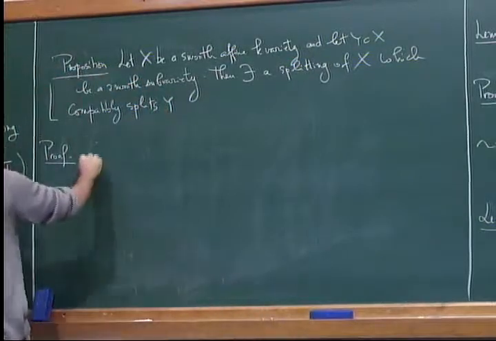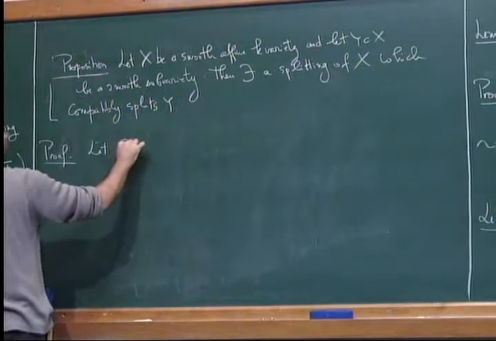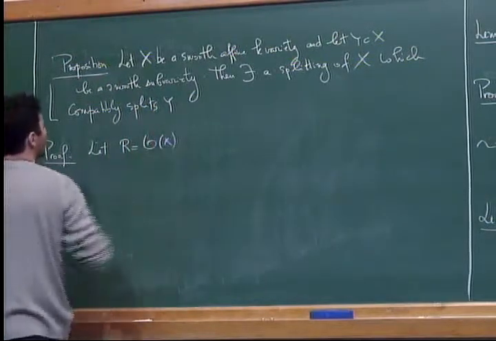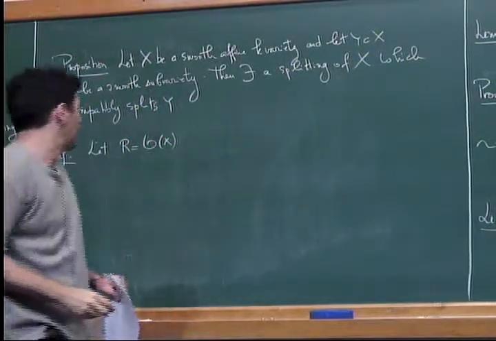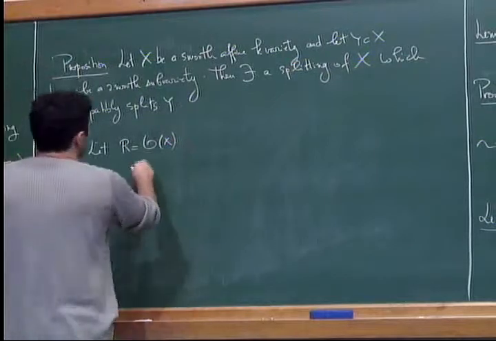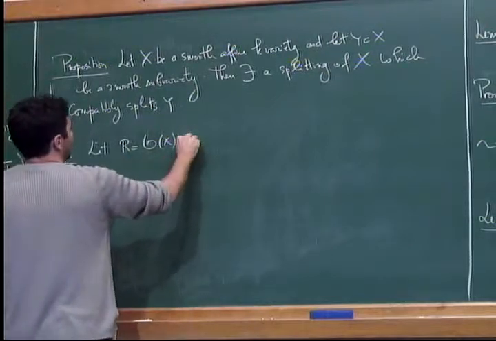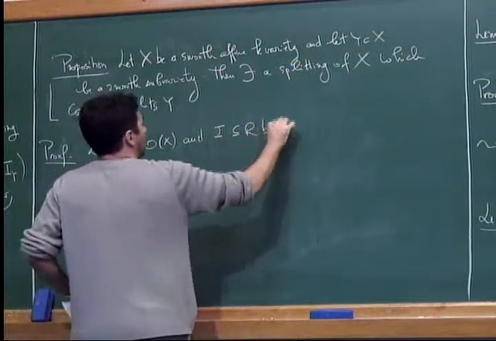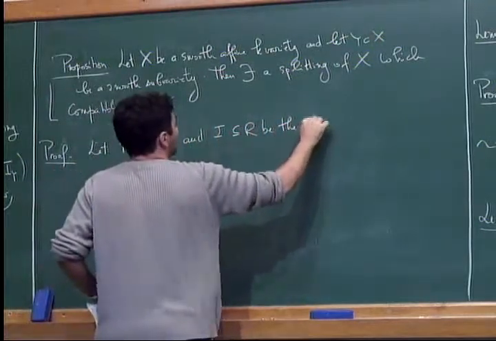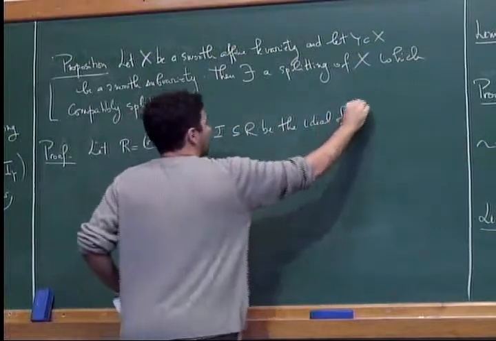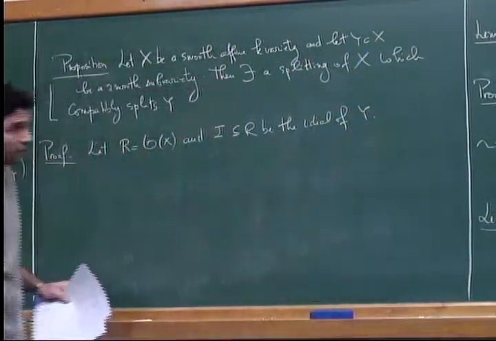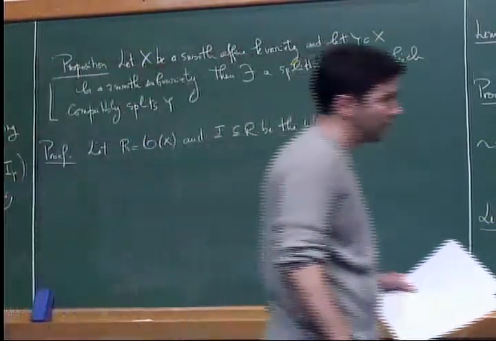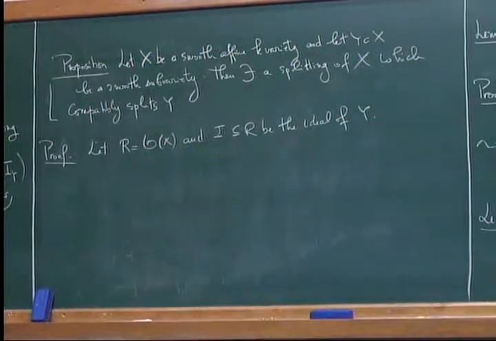So let R be the ring of global functions on X, and I in R be the ideal of Y. Remember what we have said here.